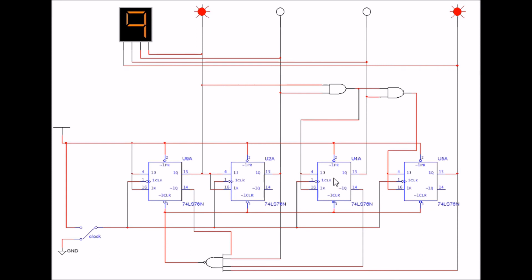This JK flip-flop, the J and K come from the previous two Qs ANDed together. And the last JK flip-flop comes from all three previous Qs ANDed together. And I think if you trace these wires back, you'll see that the output of this AND gate comes from this Q and this Q and this Q, right? So we just talked about that in the last slide.